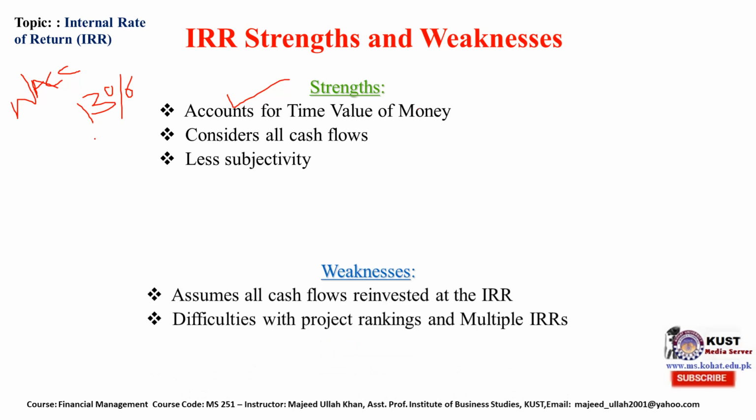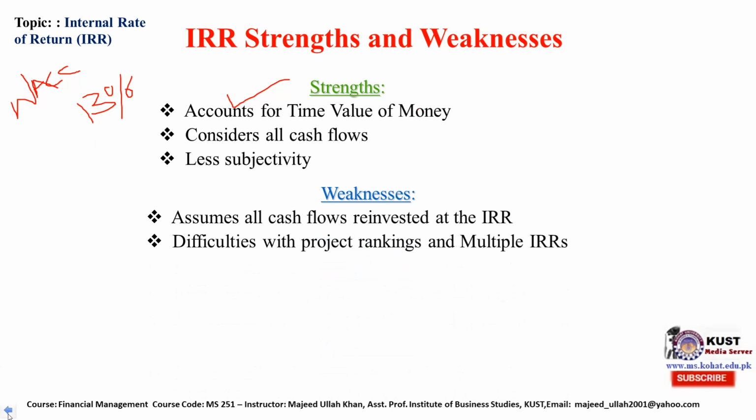Now what are the weaknesses? It assumes all cash flow is reinvested at the IRR, which is not possible. This means the method was developed with the assumption that all cash flow received by the firm is reinvested at the internal rate of return, which is not always the true picture of the project.